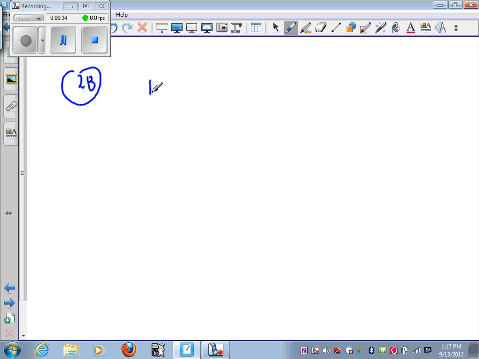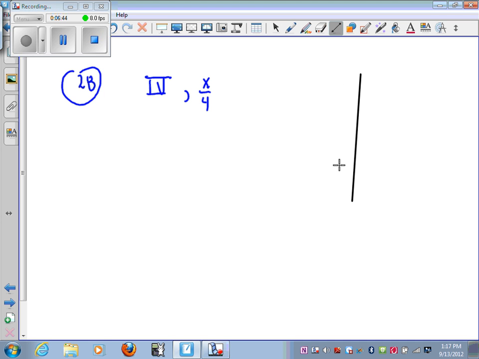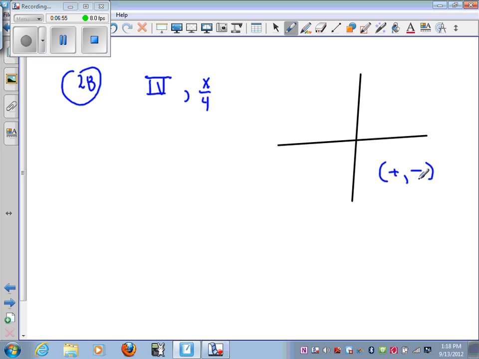And 28 says you're in quadrant 4 and x over y. So what we do is when we're in quadrant 4, the x value is going to be plus and the y value is negative because this is quadrant 4.